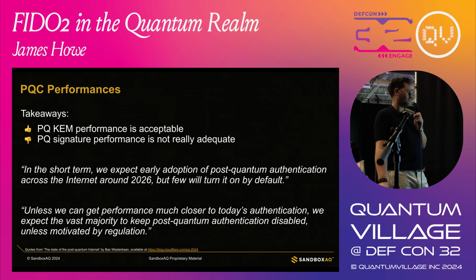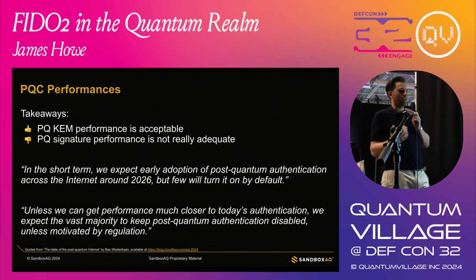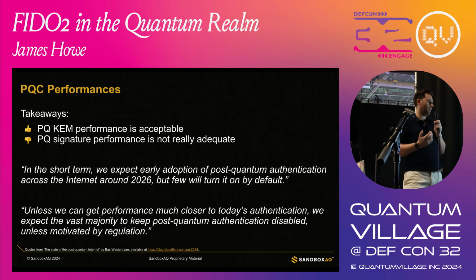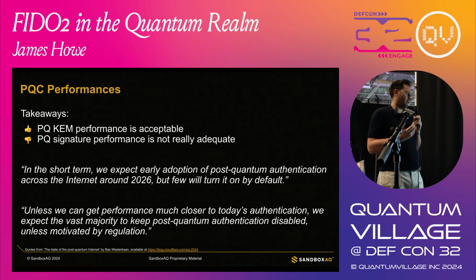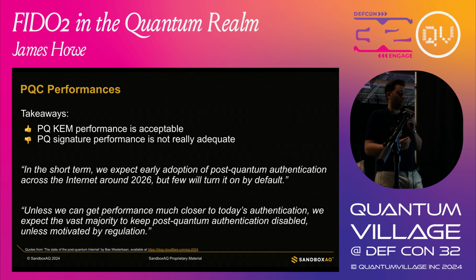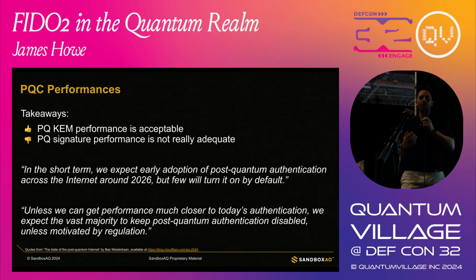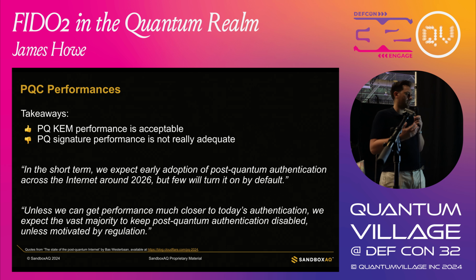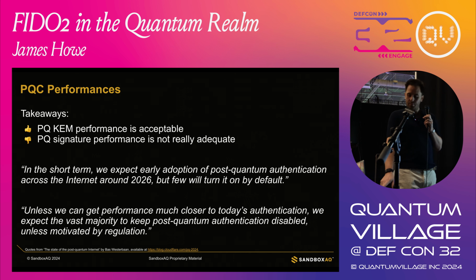And again, unless people are encouraged to do this by regulations, this might not actually be used by many people based on the performances we see, the key sizes and signature sizes.